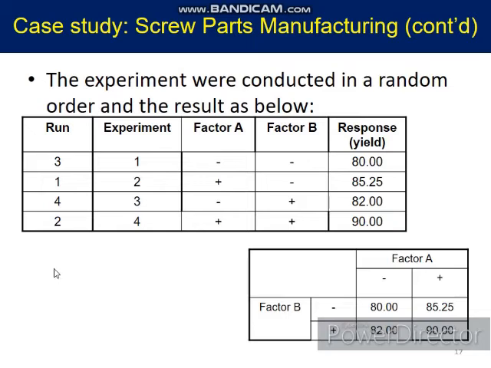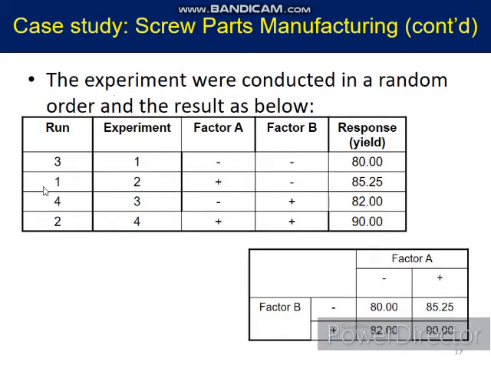The reason this is being suggested by the software is that the experiments are conducted in random order, because in any experiment it is very important to randomize your experiment so that you don't have bias, right?